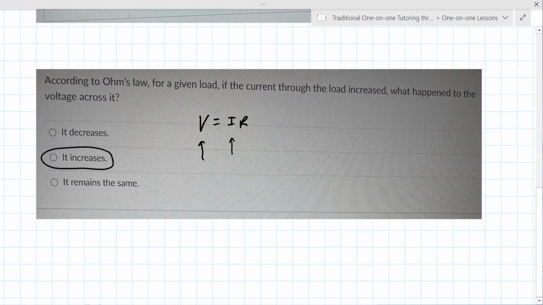Let me just quickly check and see if I can confirm that. But it all comes from the Ohm's law equation. Yeah, I guess that would be my best answer on that one. Okay.